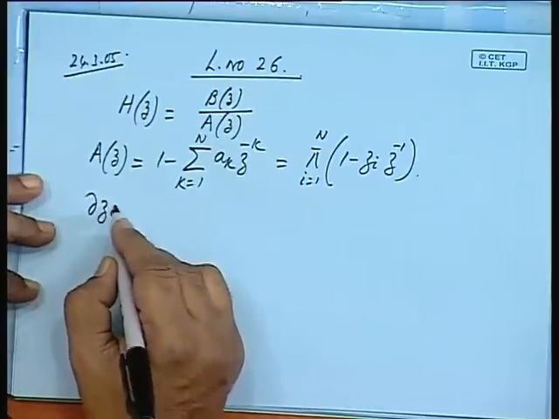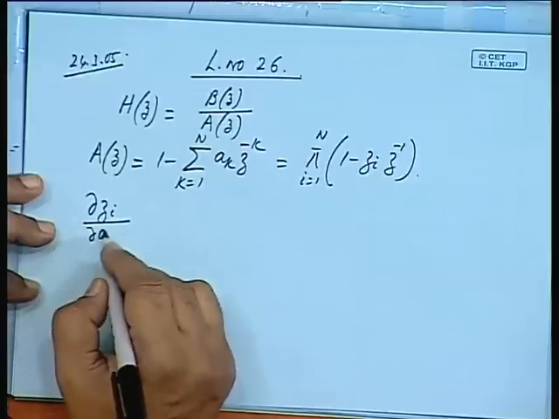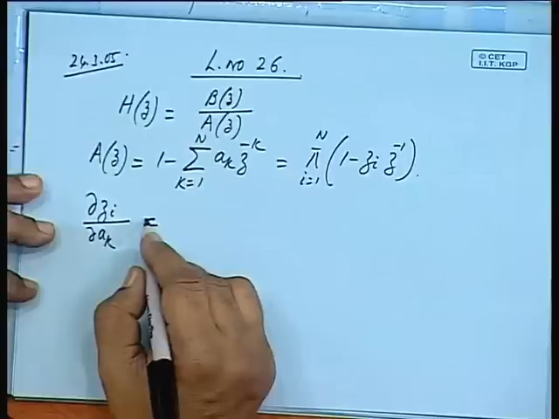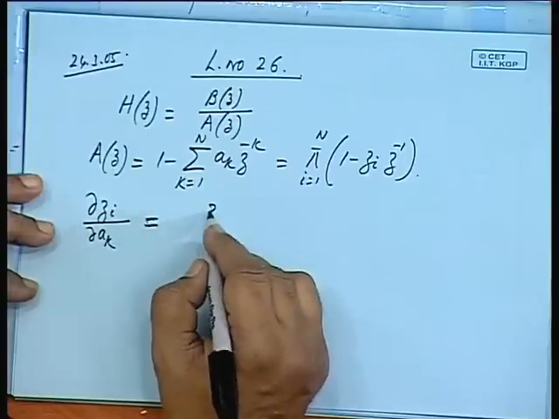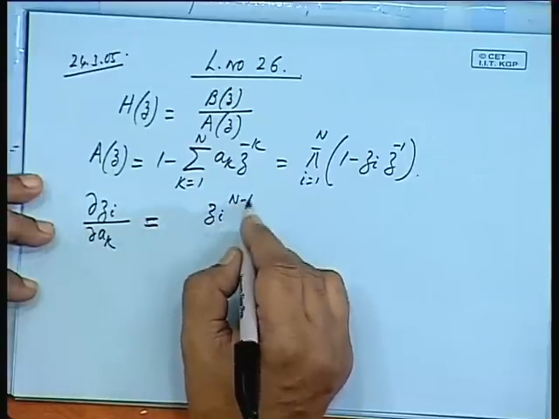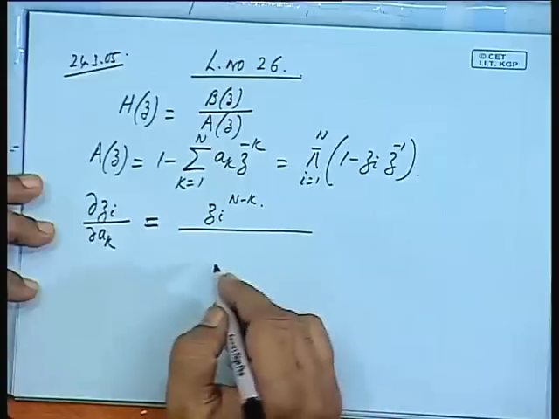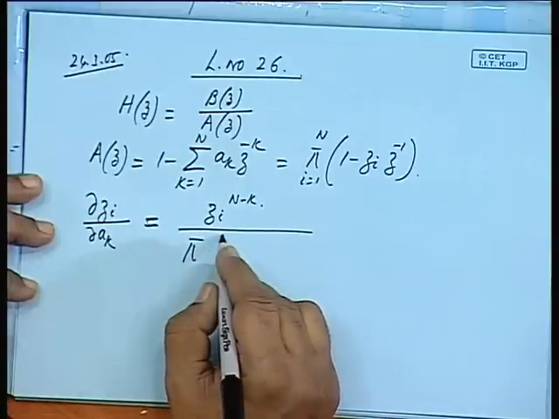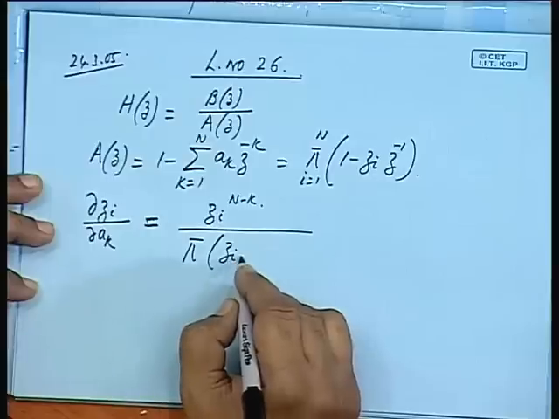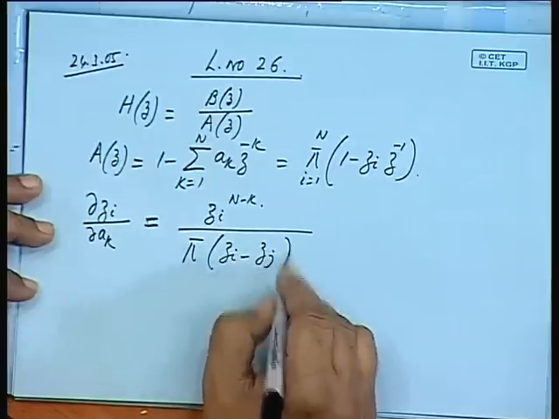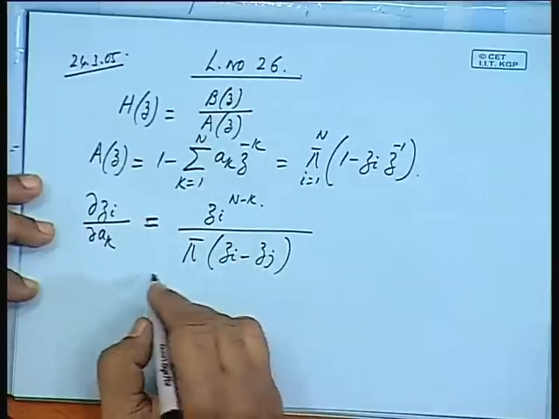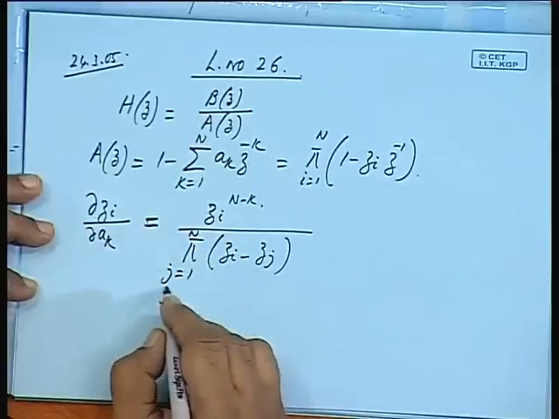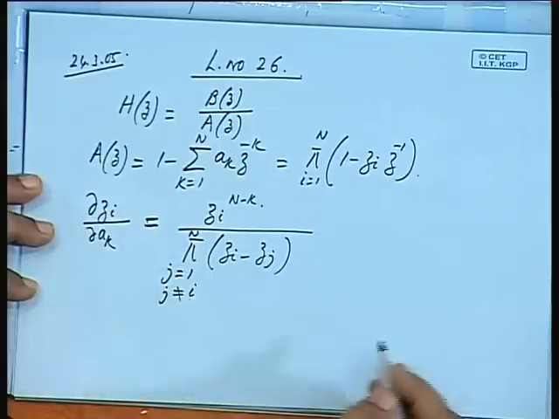We saw the sensitivity delta z_i by delta a_k with respect to the parameter a_k is z_i to the power n minus k divided by the product of z_i minus z_j, where j equals 1 to n, j not equal to i.